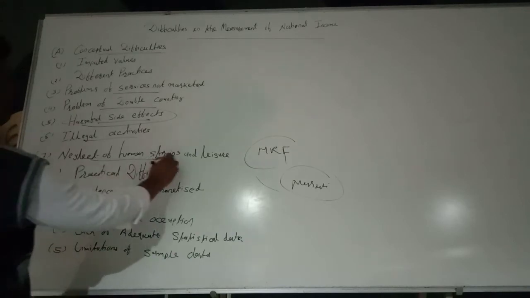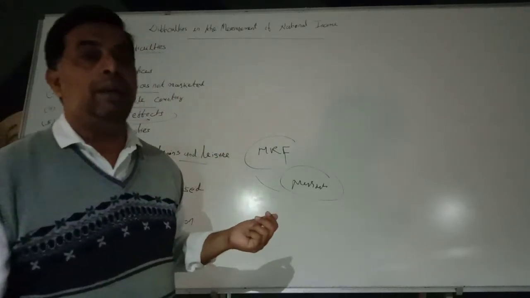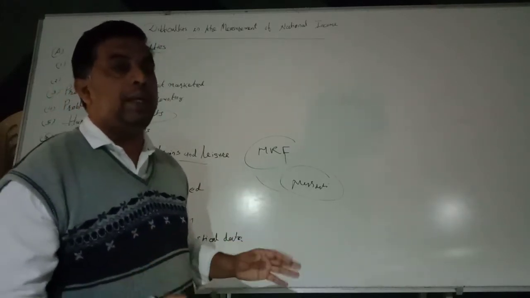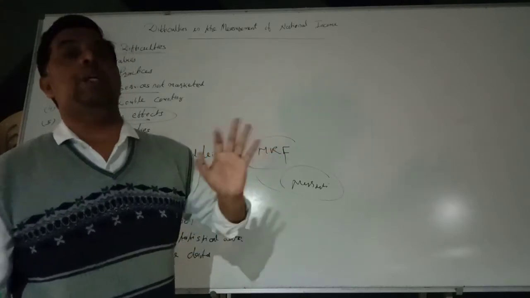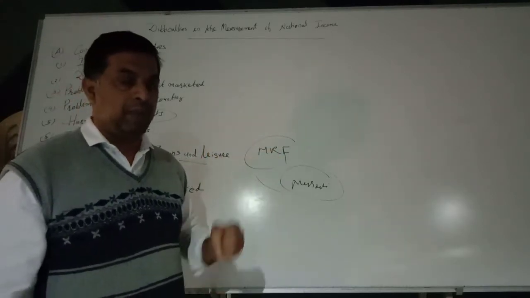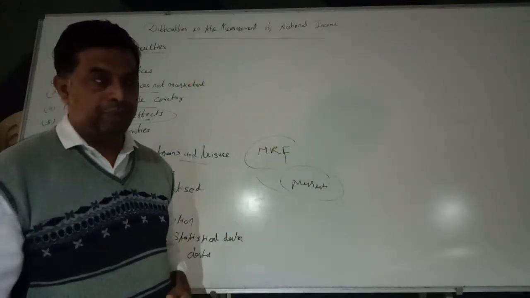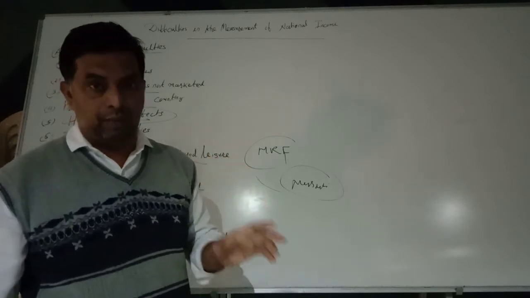Then neglect of human strain and leisure. We have already discussed this concept in real cost. Whenever we are calculating national income, we always consider money cost or money value of the goods and services produced by the persons. But we have not considered the real cost involved.